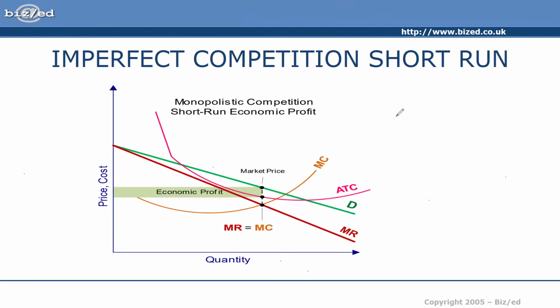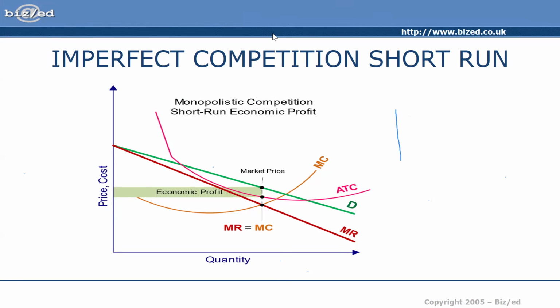And I'll show you supernormal, normal, and losses. And I'll explain to you which market structure would make normal profits and which would make losses after. First, let's just learn how to draw it.